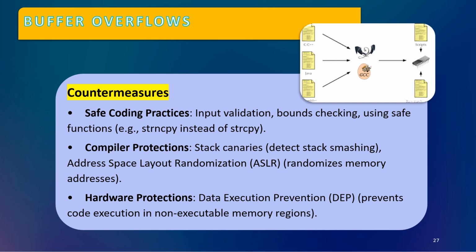Address space layout randomization, ASLR, randomizes memory addresses, making it harder for attackers to predict and manipulate memory locations. Hardware protections like data execution prevention, DEP, prevent execution of code in non-executable memory regions, adding another layer of defense.